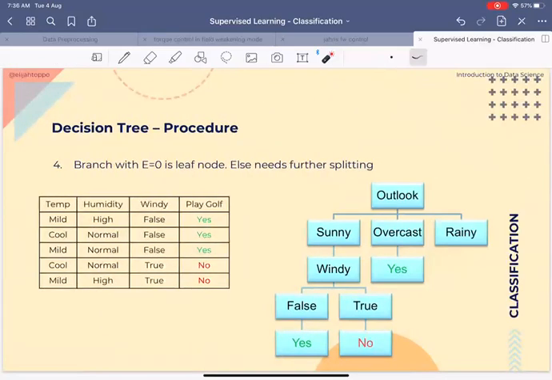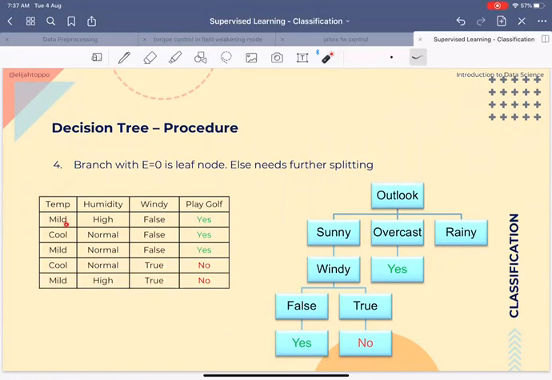So we'll go ahead and look at sunny. After we have taken outlook as sunny and filtered, these are the other 3 features that are pending. If you look at the class, there are 2 values of class, 3 and 2. So we need to further choose which one will work best. If you look at the data, for temperature we have mild and cool.